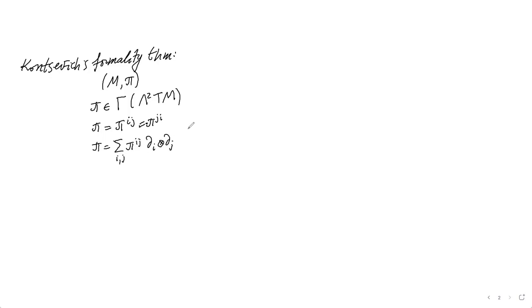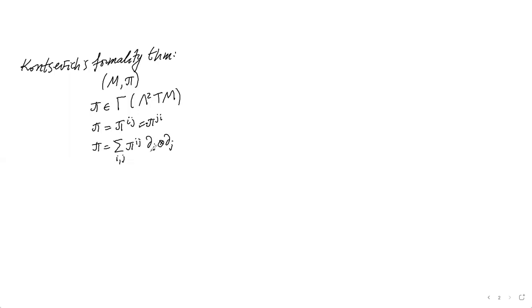Because you know, every vector field is a linear differential operator of first order on the manifold. So when we speak about a bivector, it should be some kind of quadratic expression in vector fields, and vector fields have bases d_i and d_j.